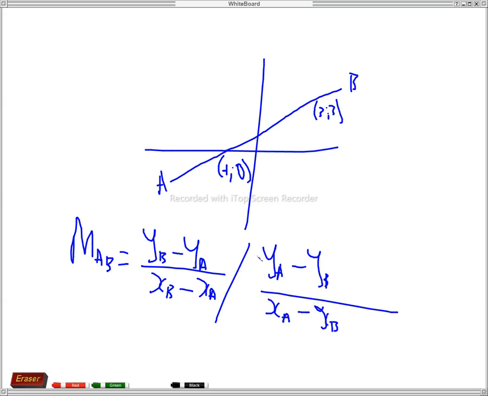If you start with A on the y, you also start with A on the x. That's how it goes.